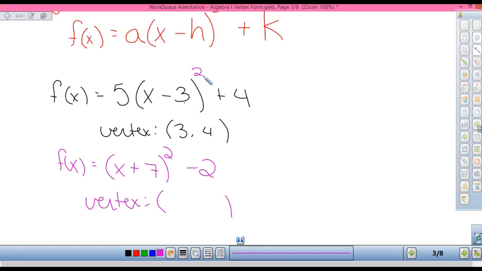What's my h? You gotta at least make an attempt here. There's not many numbers to choose from there in pink. Make an attempt. Look at the formula.